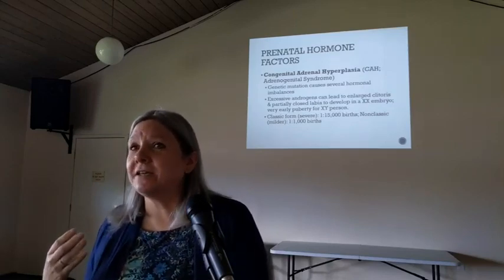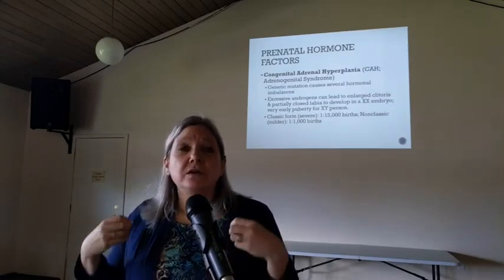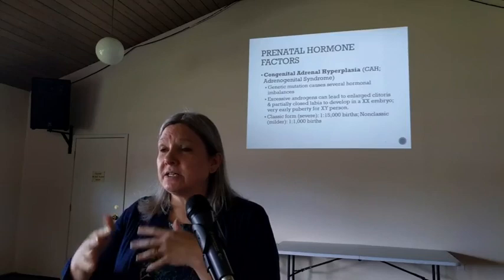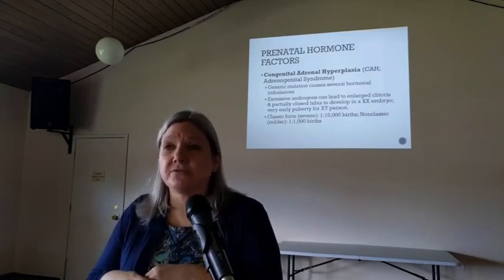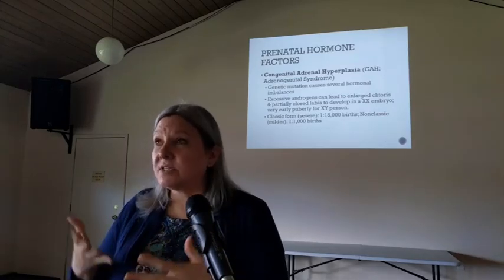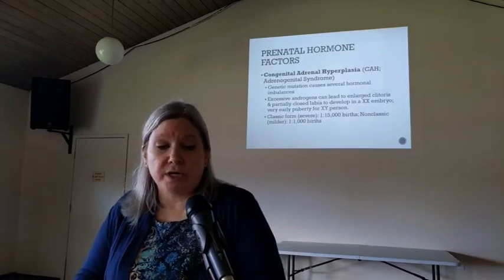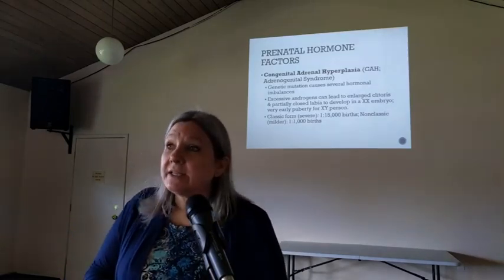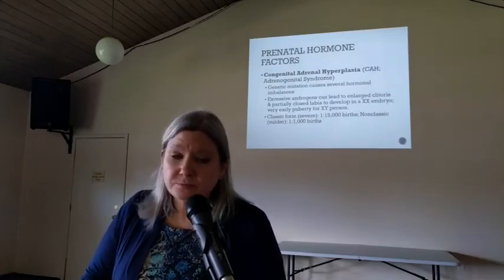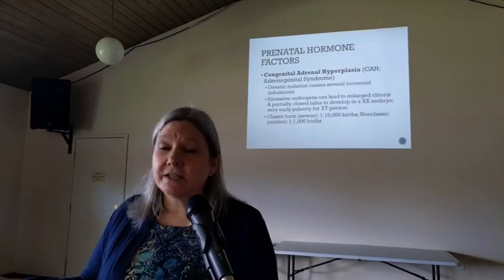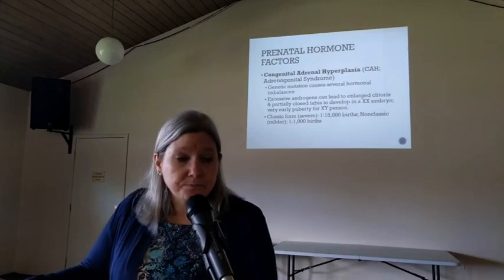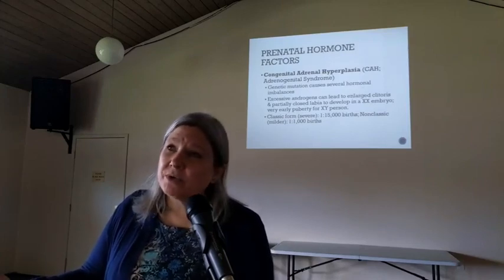So some examples, let's start with some prenatal hormone factors. So I mentioned that at this 6th week, the genetically male embryo starts releasing hormones and other sorts of chemicals that start triggering this process. Well, what happens when something changes during that prenatal development? So one example is congenital adrenal hyperplasia. So the adrenal gland sits on the kidney, and this is a genetic mutation that causes several different hormonal imbalances.